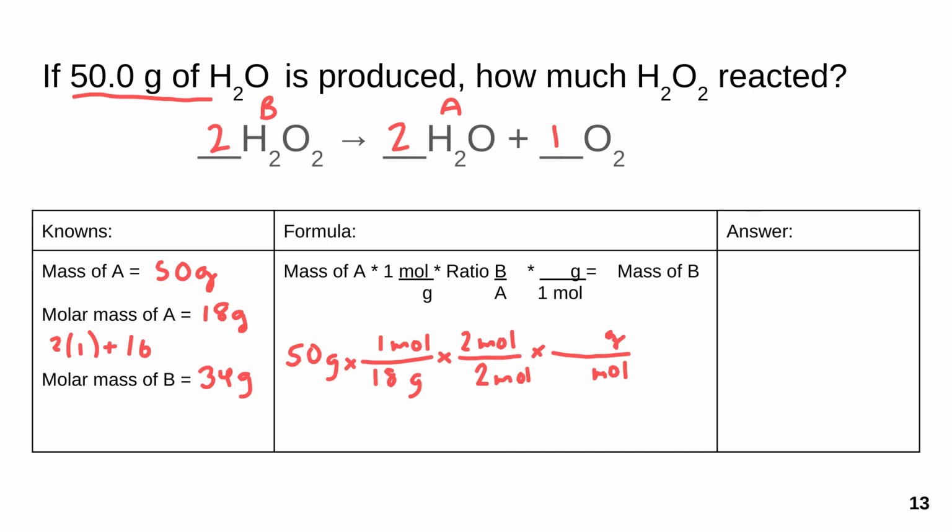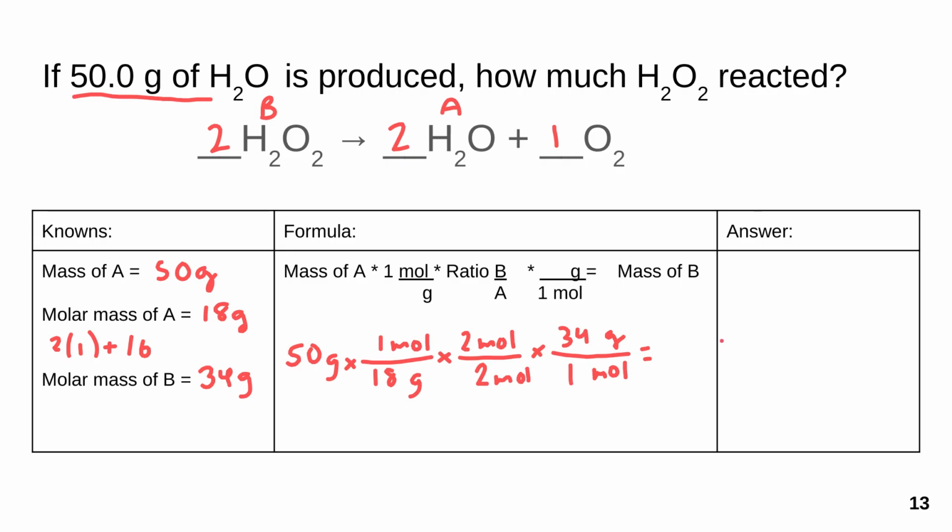What do we know about grams per mole of B? We know there's 34 grams in 1 mole, so we're going to fill in 34 on the top and 1 mole on the bottom. And then to get our answer, we're going to multiply all the way across on the top.